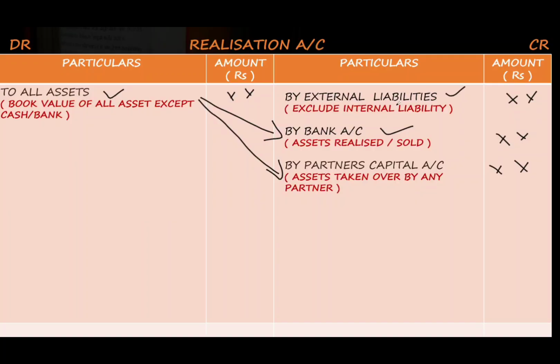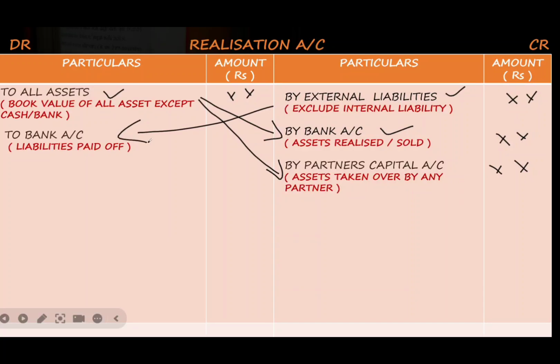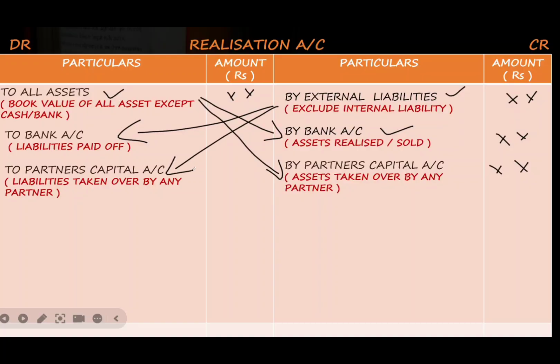So the liability that is paid off will appear on the debit side as to bank account. Similarly, if a liability is taken over by a partner, it appears under the partner's capital account. We write it as to partner's capital account. That is the liability that is taken over by any partner. So we have closed the liabilities now.